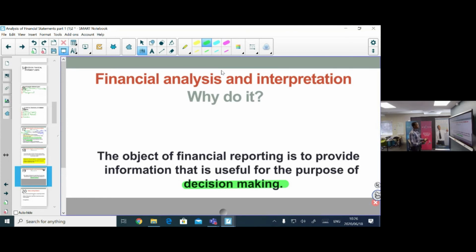After viewing financial statements, as we have already explained, the investors want to see whether it is worth it to invest in this company or not. Is it worth it that as we invest we will benefit something? That's the aim of investors. And also, is it worth it that this company should continue trading? So financial reporting is very important.